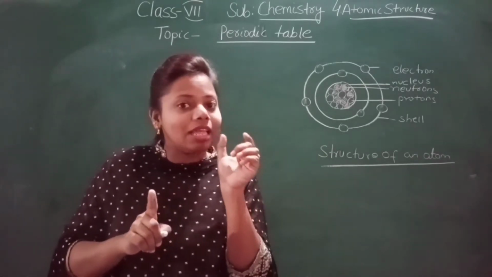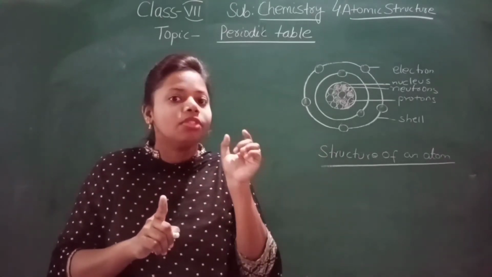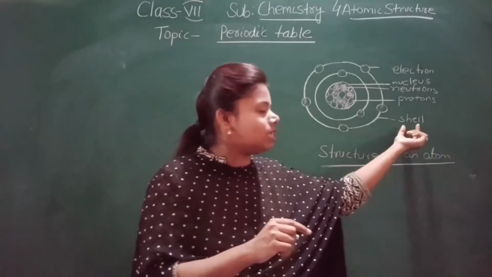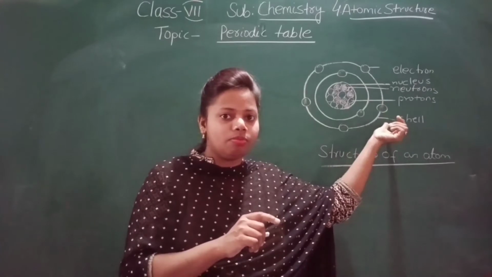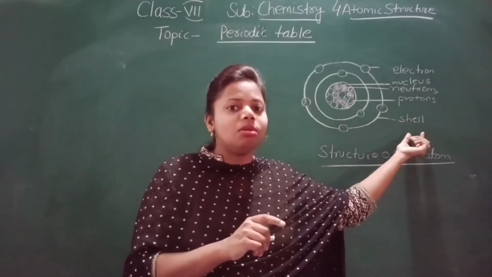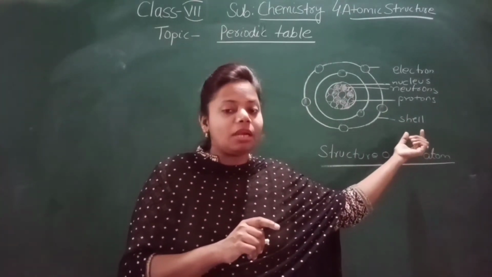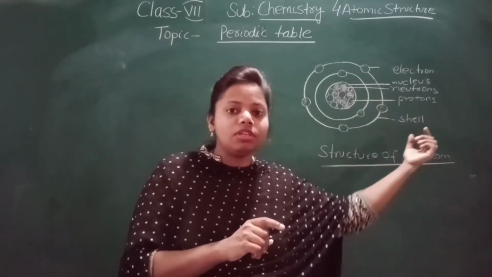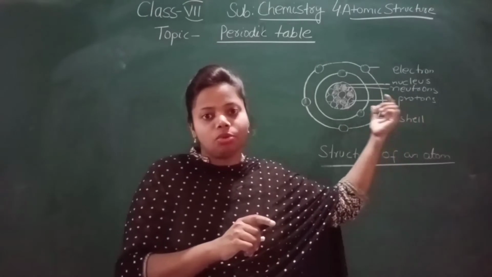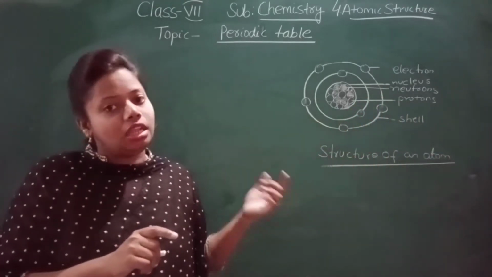What is that energy level called? It is called a shell. I made two shells here, 1, 2. That means electrons revolve around the nucleus in a fixed shell, or a fixed orbit, according to their energy level.